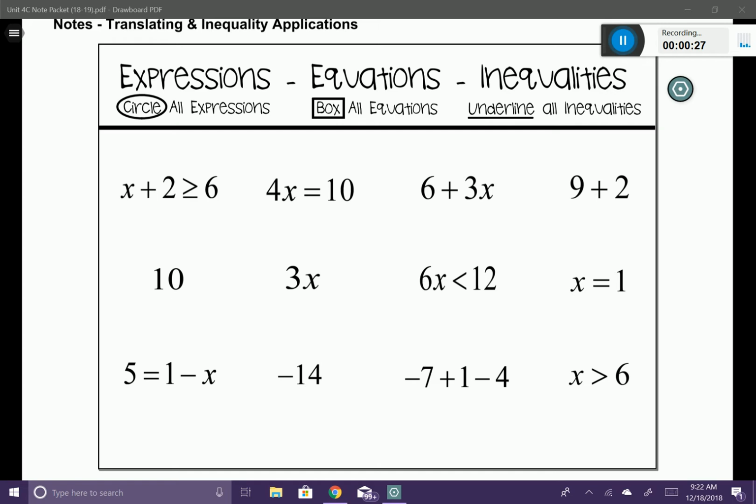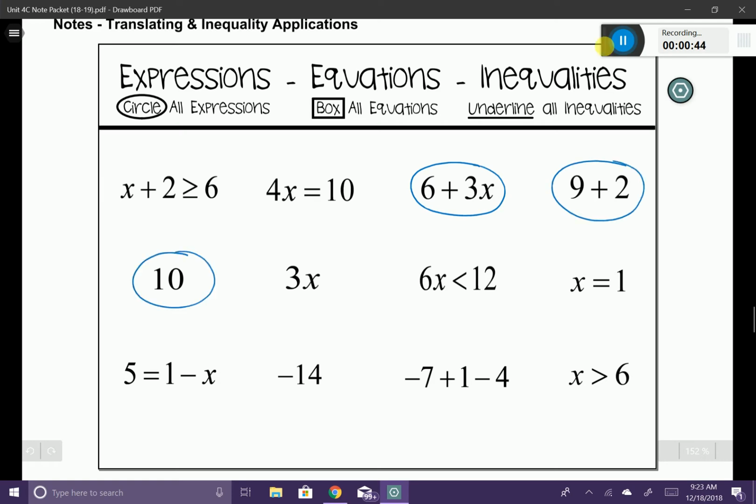All right, now that you've taken a second to try that, I'm going to begin by circling all of the expressions. Go ahead and check your answers with me. Now I'm going to put a box around all of the equations.